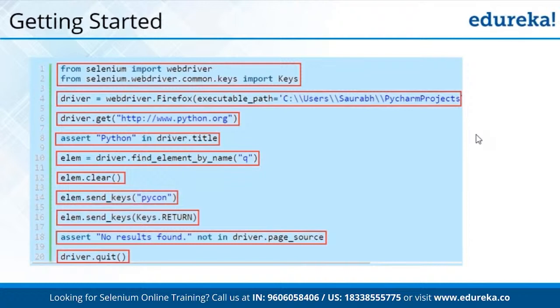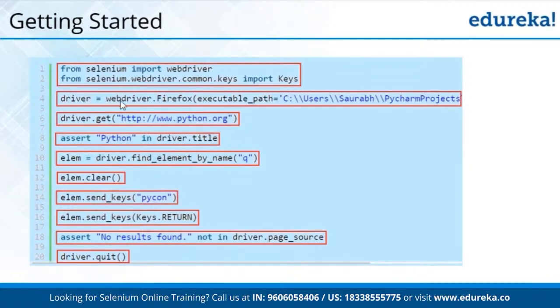If you look at this, these are the imports which help us import the WebDriver and the keys that we have from the API. So this gives you access to all your classes and actions that are prepared and added into your API. Those classes you can access through this.